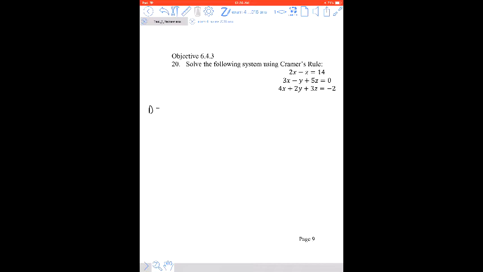So the determinant of the coefficient matrix, if we just take the coefficients there, we're going to have 2, 0, -1 from the first equation, 3, -1, 5, and then 4, 2, 3.